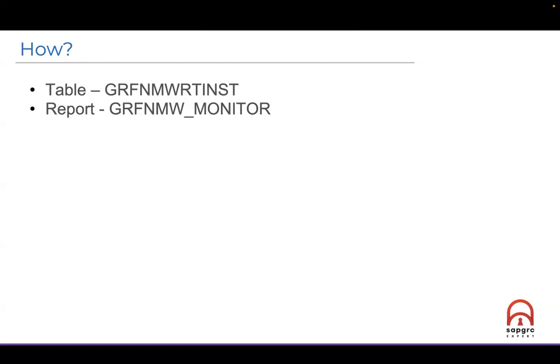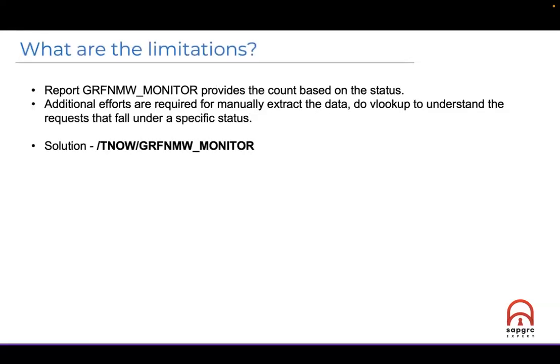Alternatively, SAP has rolled out a report called GRFNMW_monitor. So using this report, you can quickly get the information about the number of requests that are generated under each MSMP process ID. But the limitation is that the report provides only the count based on the status.